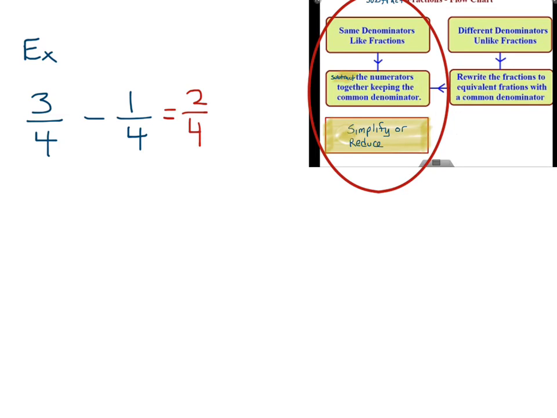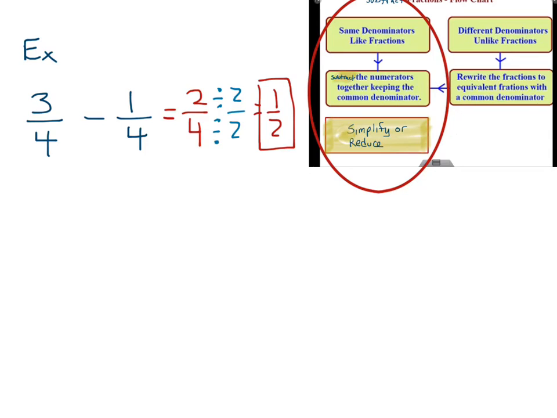Now, we have to look and see if we can reduce, which we can. 2 is half of 4, so keep that in mind. So I'm going to divide this by 2. We have to divide both numbers by the same, and that's going to equal 1/2. And remember, I said 2 is half of 4.